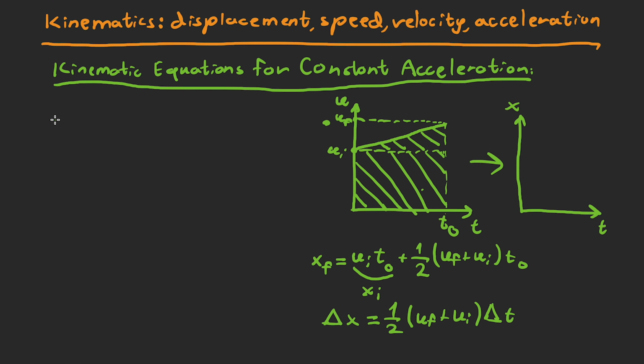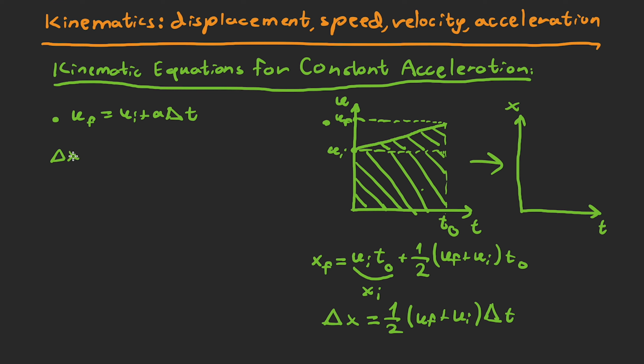Our third equation is essentially the same thing as the second equation, but the only difference is that we are substituting the first equation for the final velocity into this second equation. What do I mean by that? We knew that the final velocity was equal to initial velocity plus acceleration times delta t.